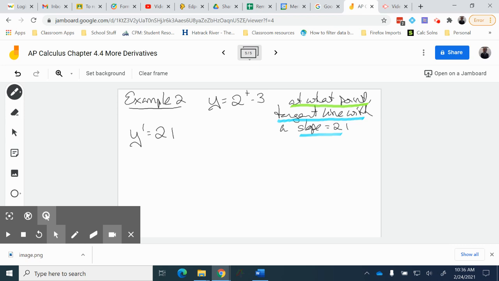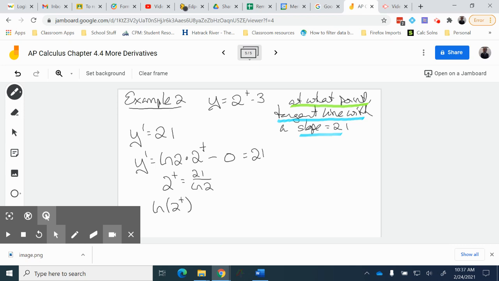So let's find the derivative. The derivative of y is, well, natural log of 2 times 2 to the t minus 0. Derivative of negative 3, don't forget that. And this must equal 21, which means that 2 to the t is equal to 21 divided by the natural log of 2. And remember that the way to solve exponentials is to take the log of both sides.